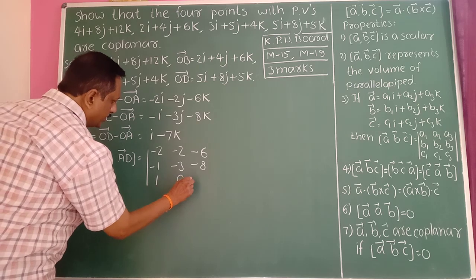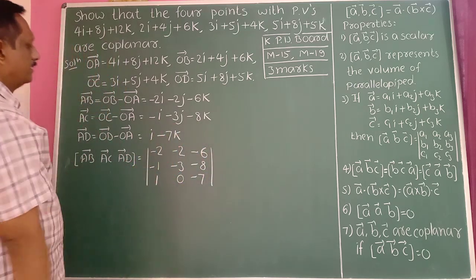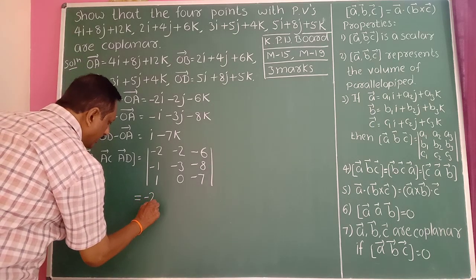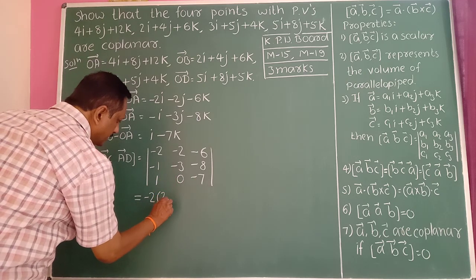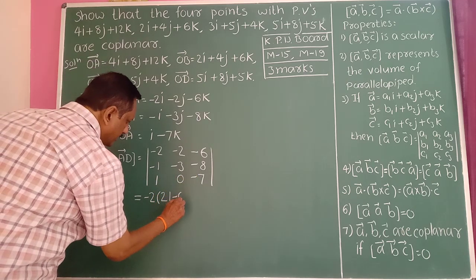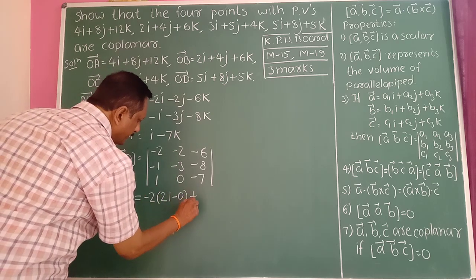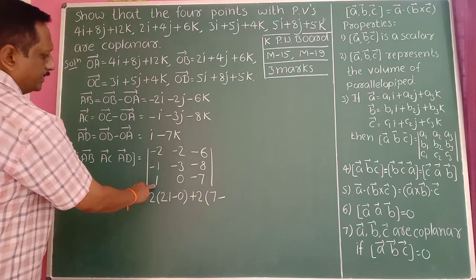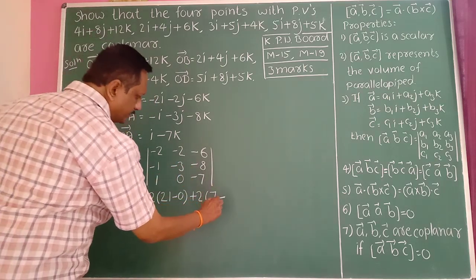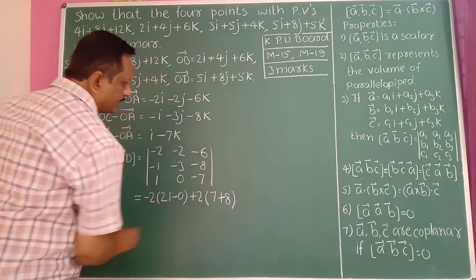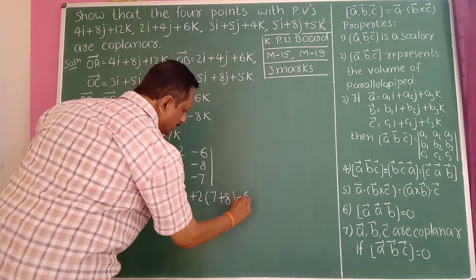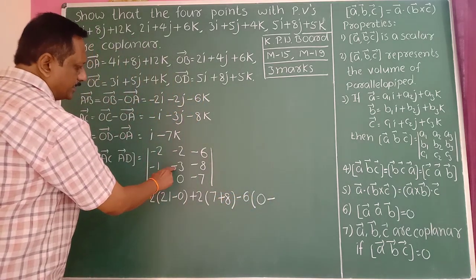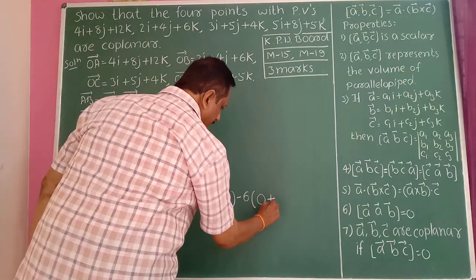Expanding, this is equal to minus 2 into 21, minus into minus is plus, minus 0 into 8 is 0. Then plus 2 into minus 1 into minus 7 is plus 7, minus 1 into minus 8 is plus 8, minus 6 into minus 1 into 0 is 0, minus 1 into minus 3 is plus 3.